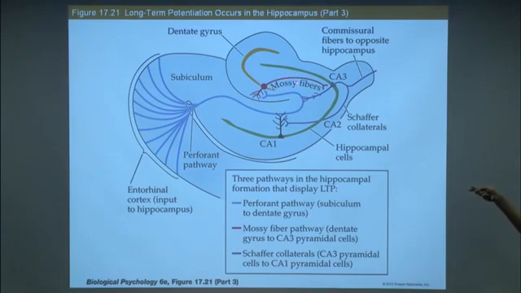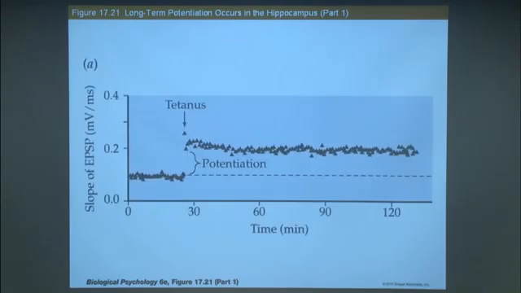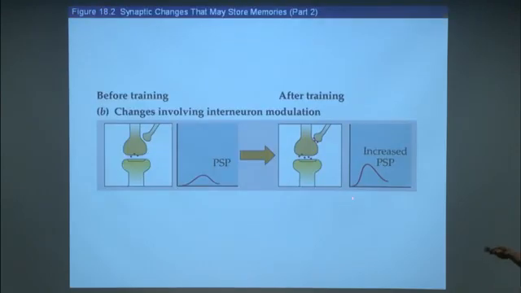You get lots of activity, lots of stimulation to the mossy fibers, and then we're putting a recording electrode here in the CA3 area, and we're measuring the postsynaptic potential, the excitatory postsynaptic potential, not just of one synapse, but of the full population. This is called the population excitatory postsynaptic potential, or population EPSP.